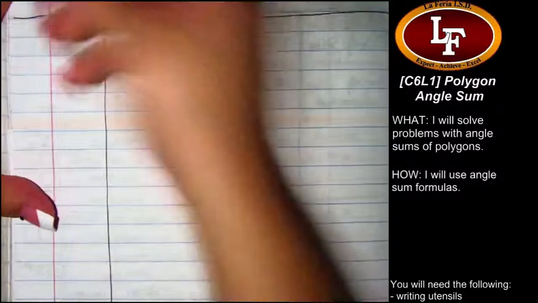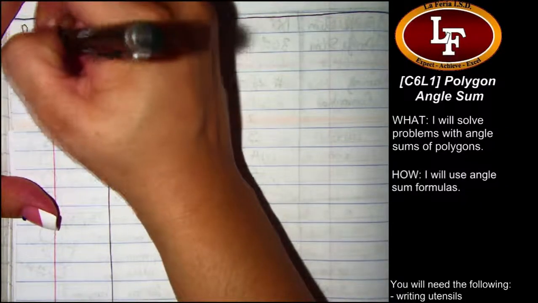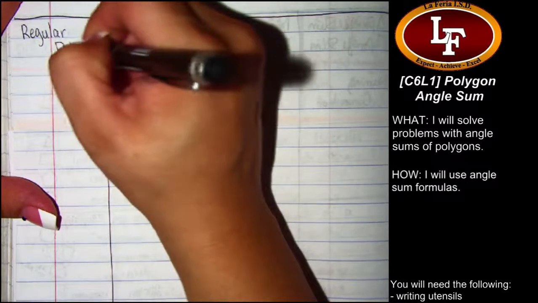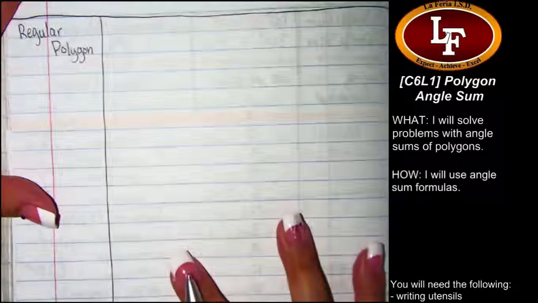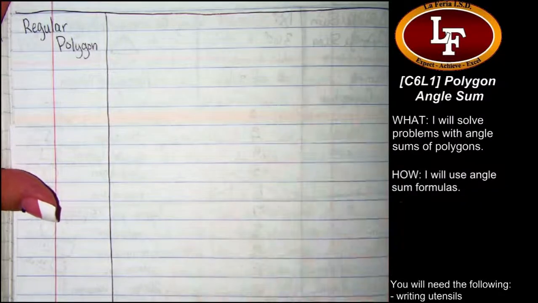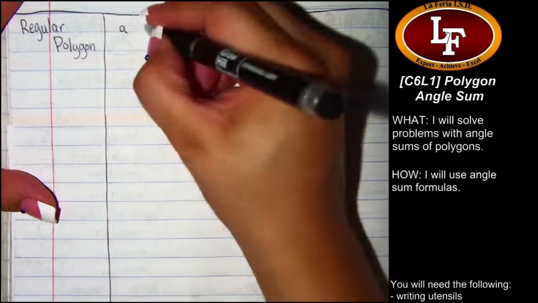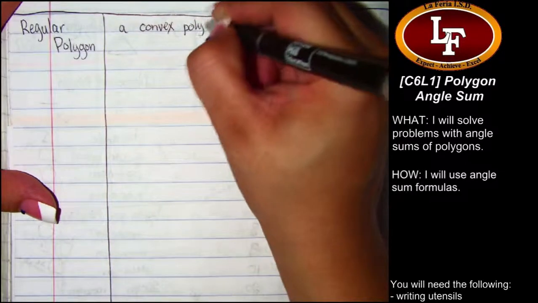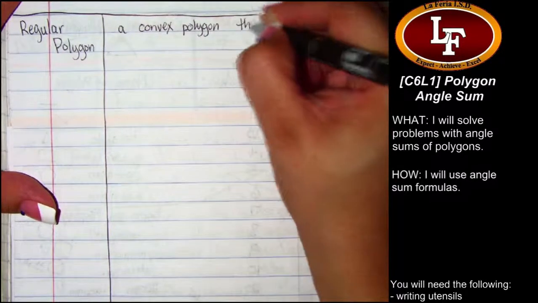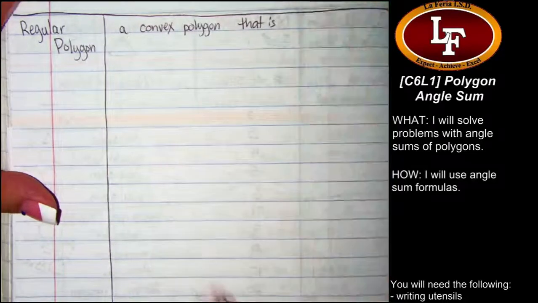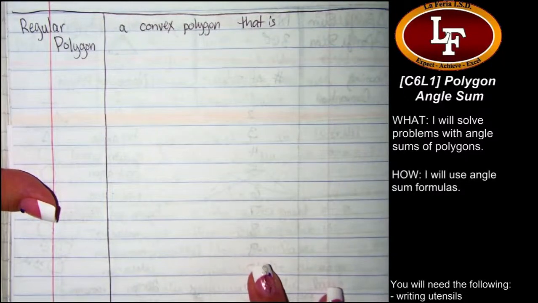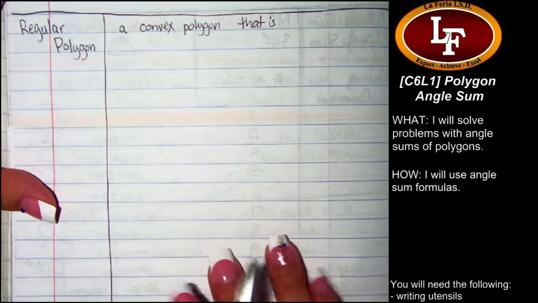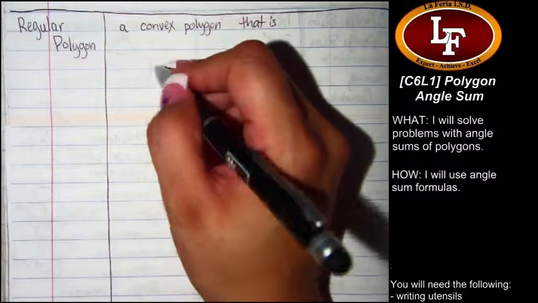All right. This lets us go on to our next topic, which is to talk about regular polygons. A definition for you. A regular polygon is going to be a convex polygon. What is convex? The interior angles are all smaller than 180. This convex polygon is super special.